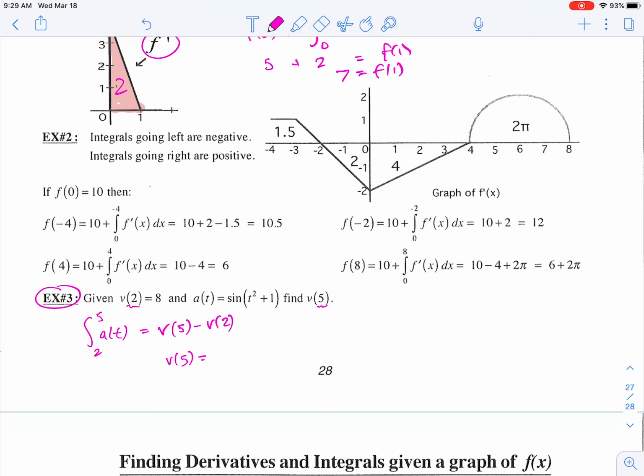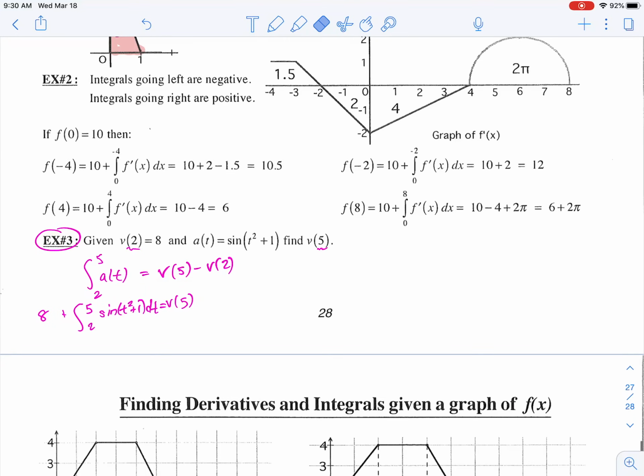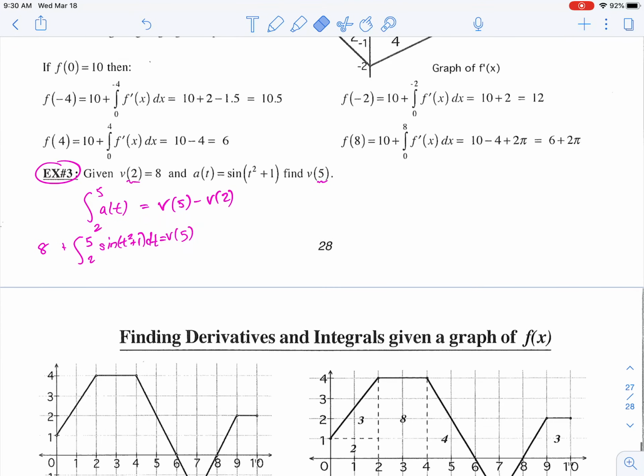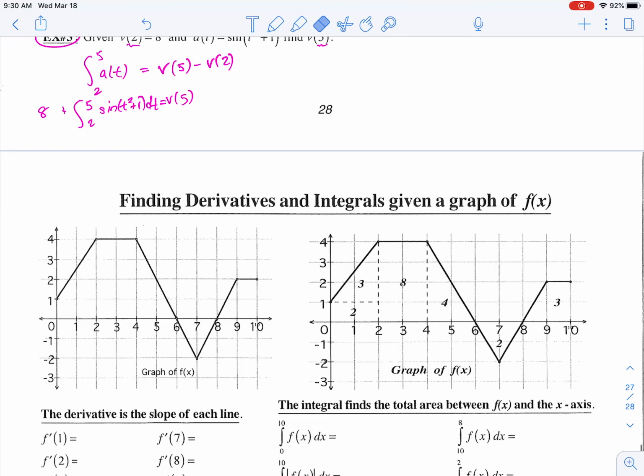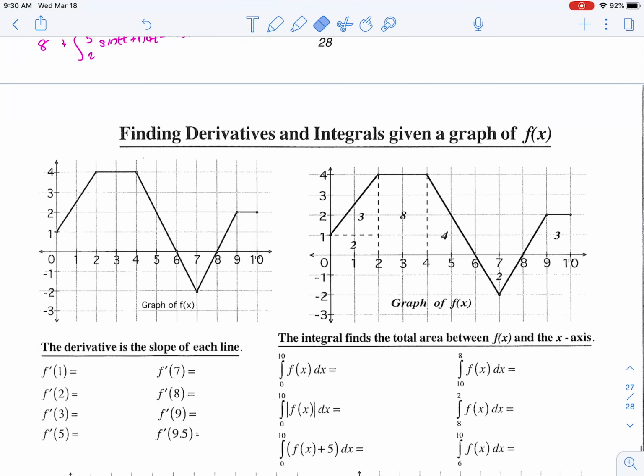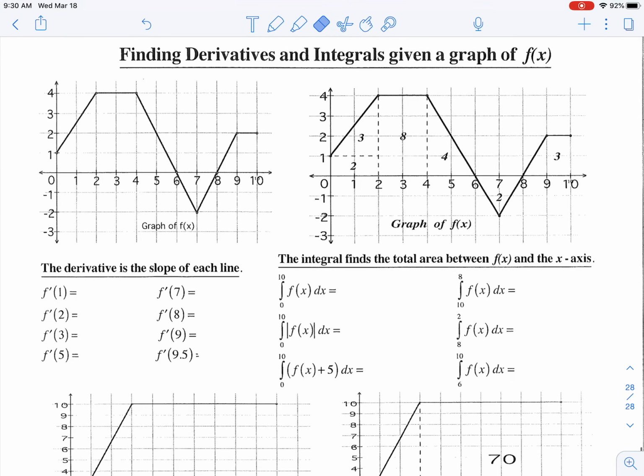And this actually would be a calculator type problem. So we're looking for v of 5. v of 5 would be equal to v of 2 plus the integral from 2 to 5 of a of t. This would not be a problem that you can do by hand. This would be a calculator question. And of course, you can check that off of our Calc Bible answer key, but that would be all thrown in the calculator.